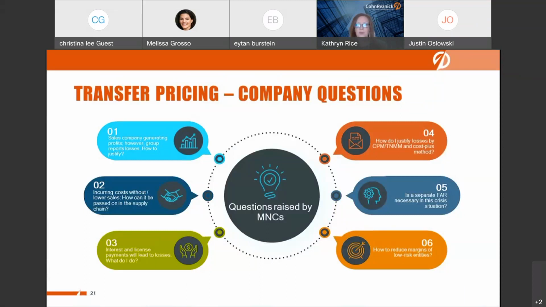So, for example, in number one, if you've got group losses, how can you justify this? For example, your maybe distribution operation, can it report losses? Some other things, how do you treat that? Number five talks about a separate FAR, which is a functional analysis review. Do you need to do a new one in a crisis situation?